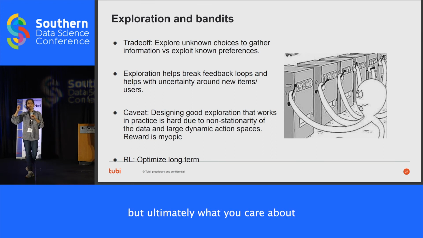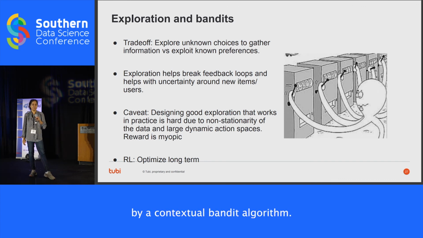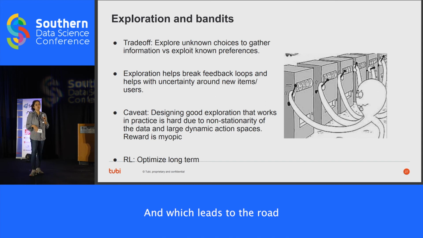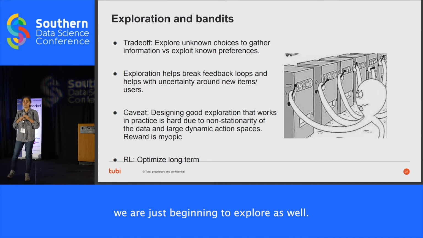But ultimately, what you care about is some kind of a long-term reward, some kind of user retention or user's joy reward, which you cannot capture by a contextual bandit algorithm. And that leads to the road to reinforcement learning kind of algorithms, which again come with their own set of caveats and nuances, and which we are just beginning to explore as well.